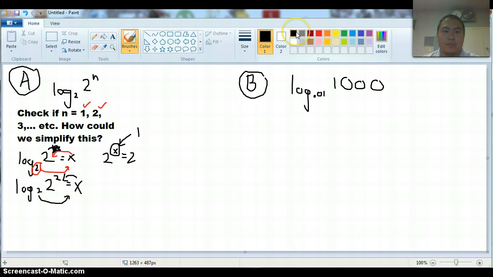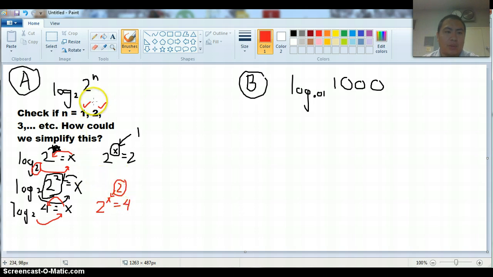Let's reduce this down to 4. So this is really log base 2 of 4 is equal to x. That gives me 2 to what power is equal to 4? Well, that means x has to be 2. Okay.